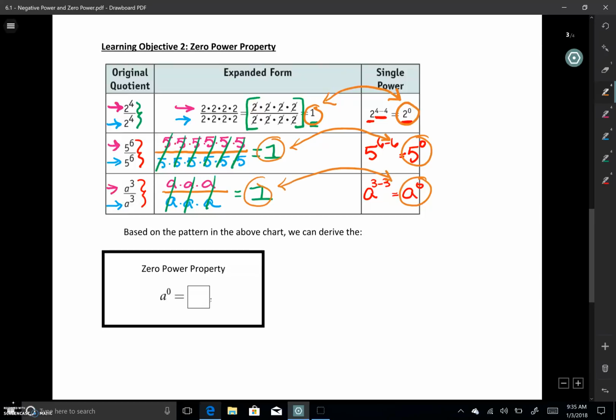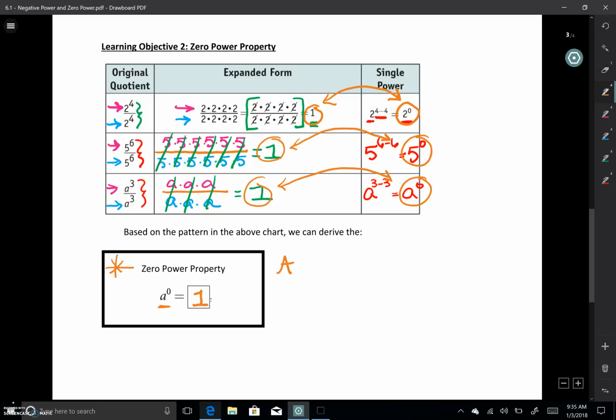Which means that anything raised to the 0 power, looking here at the 0 power property, is always going to equal 1. And if you don't believe me, plug it into your calculator. Plug in any number, 2, 4, 6, x, raise it to the 0 power and see what the calculator tells you. It'll give you a 1. So let's be more specific.